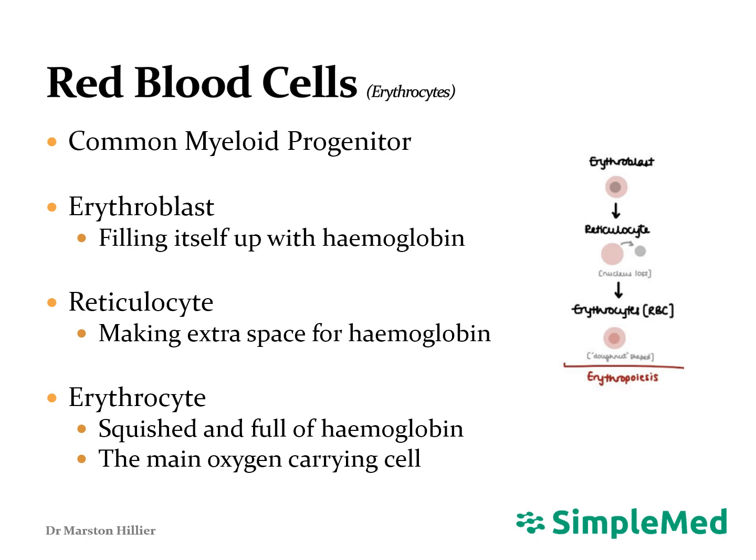We're now going to talk about red blood cell synthesis and some of the key steps in forming a mature red blood cell, or erythrocyte. From a common myeloid progenitor, the cell then matures and begins to synthesize the protein haemoglobin. This type of cell, which produces haemoglobin, is called an erythroblast.